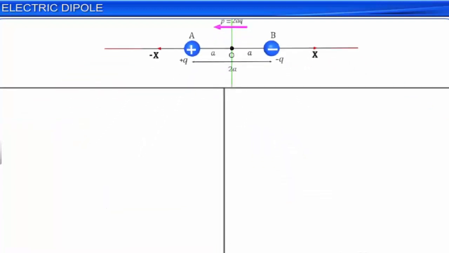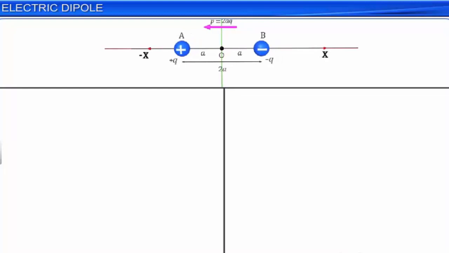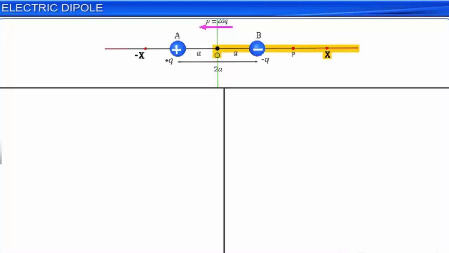Let us now obtain the electric field strength E at a point P on the axis of the electric dipole, which is at a distance x from the midpoint O of the dipole. The magnitude of electric field strength E due to a charge q at a distance r from it is given by E equals 1 by 4 pi epsilon naught into q by r squared.